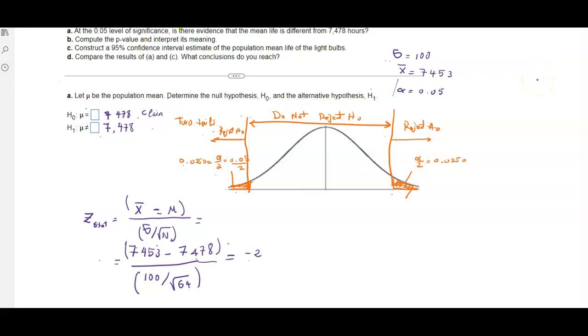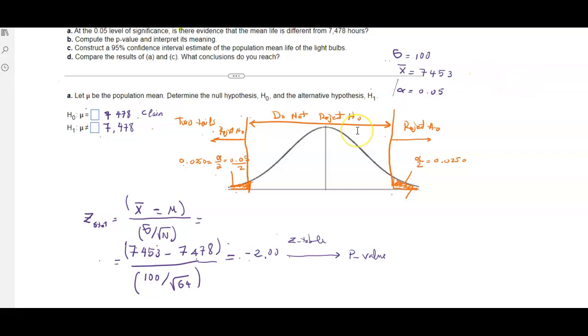Once I get the z value -2, I can determine the p-value from the z table. Remember, this is -2.00, and that is only half of the p-value, because it's two tails.